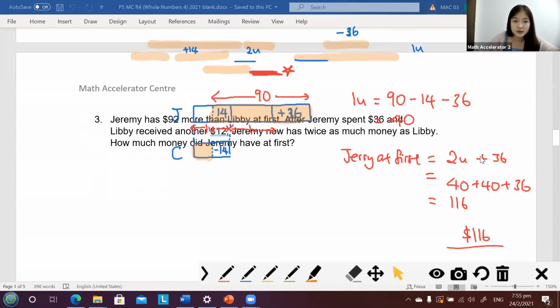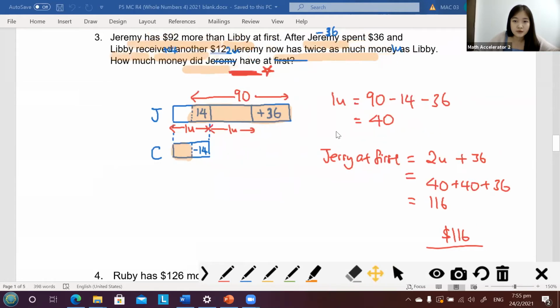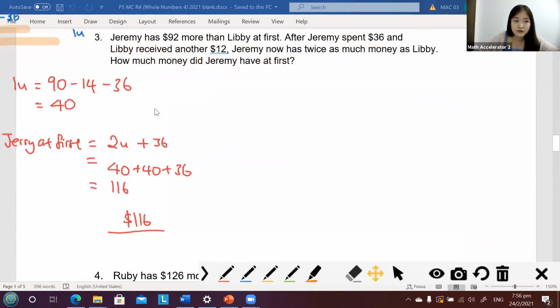Question 3, next page. I'll leave this here if you're still copying. Jeremy has $92 more than Libby at first. After Jeremy spent $36 and Libby received another $12, Jeremy now has twice as much money as Libby.